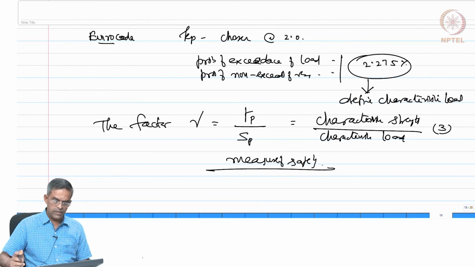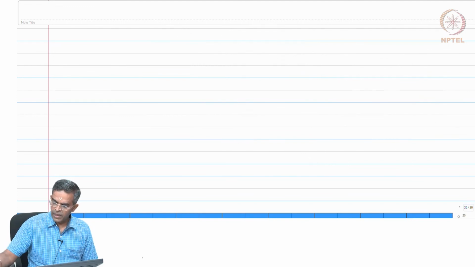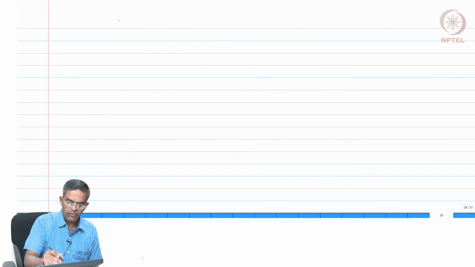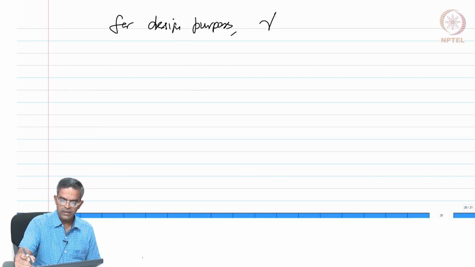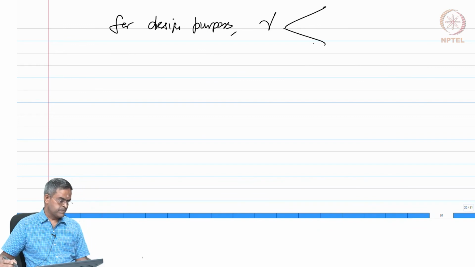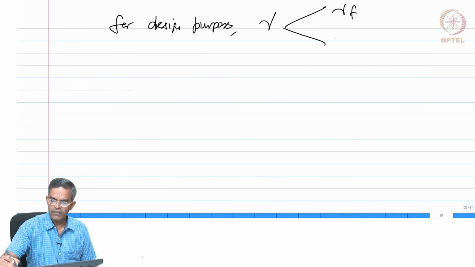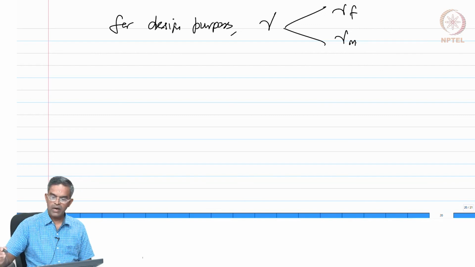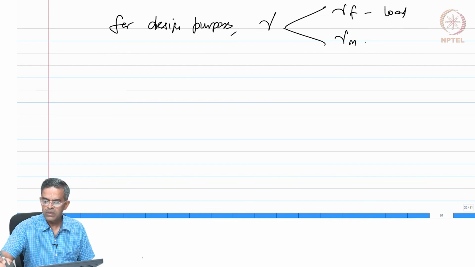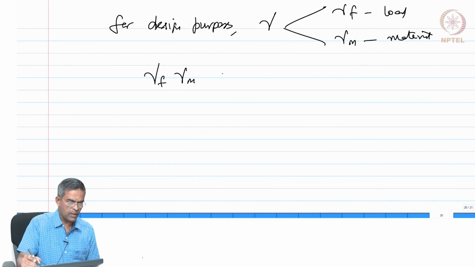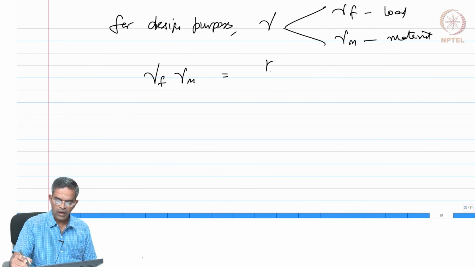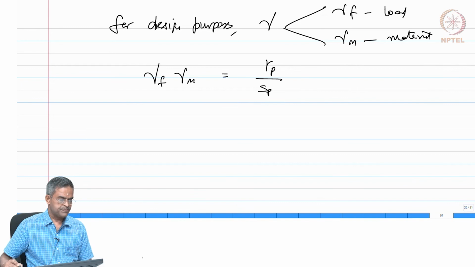Okay. So, for design purposes, this factor of safety is divided into two parts. One is gamma f, other is gamma m. Gamma f relates to load, gamma m relates to material. So, in simple terms, gamma f gamma m should be Rp by Sp.